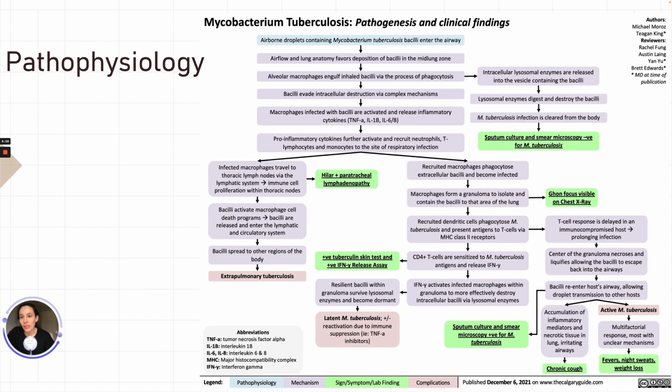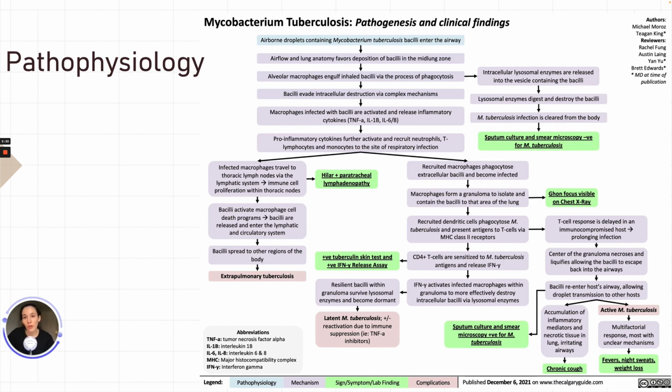We can also see that if we come back to the pro-inflammatory cytokines, that will lead to infected macrophages traveling to the thoracic lymph nodes. We will see activation of the macrophages lead to cell death, and the bacteria goes into the lymph system and spreads to other regions of the body, and that's when we will see the complication of extrapulmonary tuberculosis.